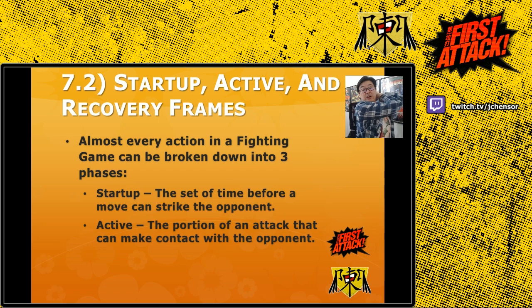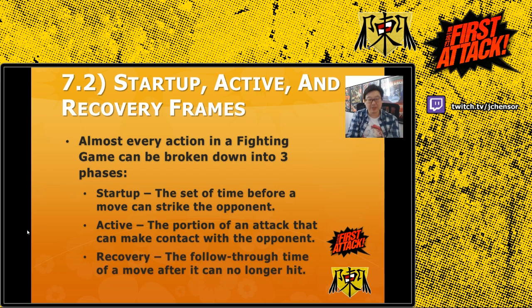They keep swinging all the way through. Golf swing, the same thing. They talk about the follow through. That's what you want to recognize the recovery frames as. These are the frames that all take place after the moment of contact, the frames your character has to finish going through before they can move again.